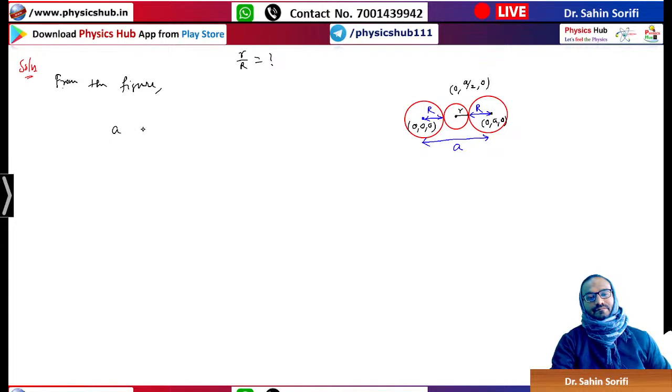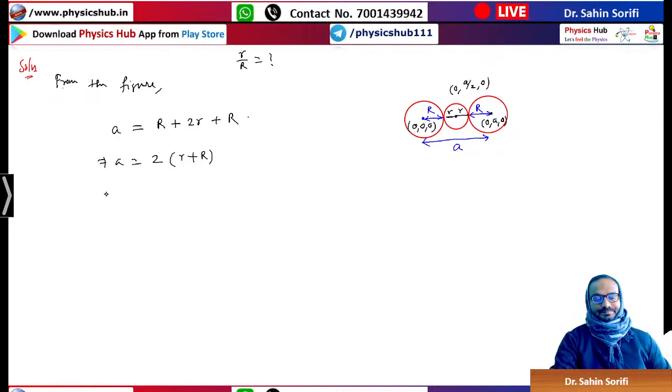A is equal to capital R plus 2r plus capital R, so this is 2 into small r plus capital R. Let's say this is equation number 1.